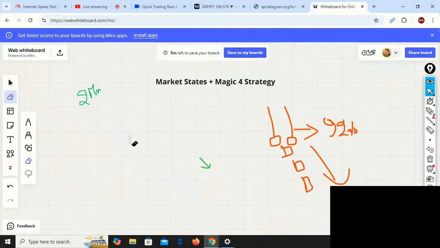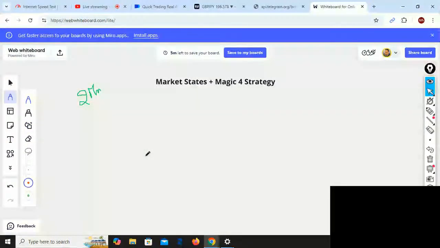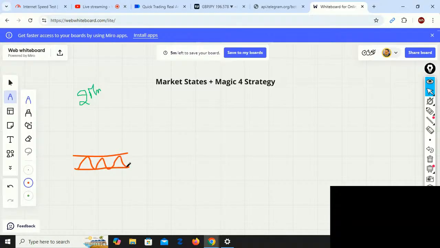Now let's move to the market states. The market has only, we can say, three situations. It could be in a narrow state, like this. The price is moving sideways in a narrow situation. And the second state is a trending state.